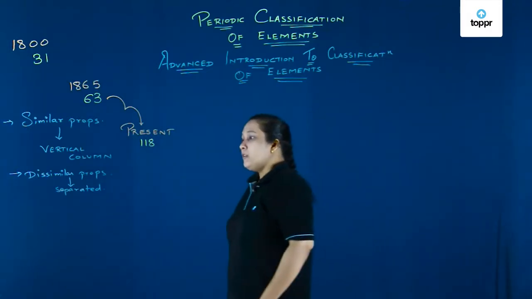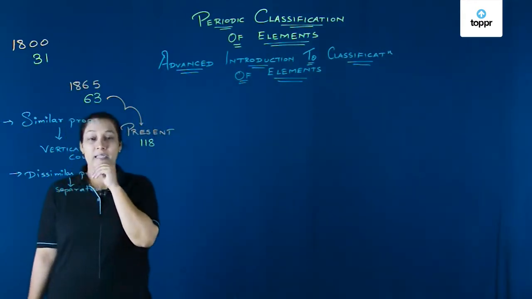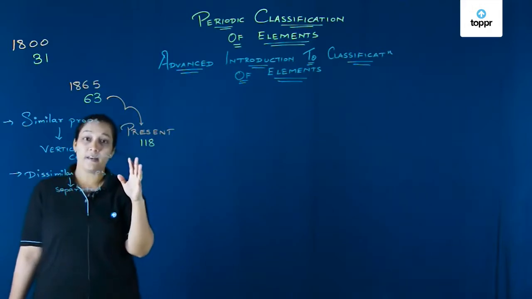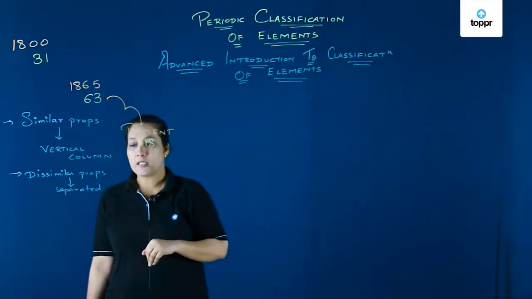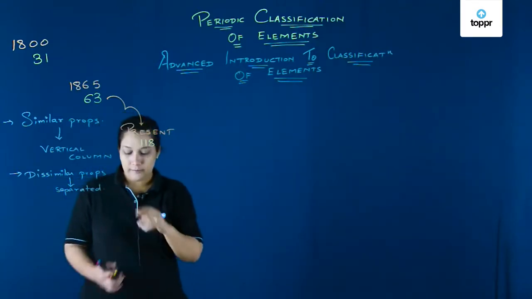After this, as I have said, the year 1800 had found almost 31 elements. There was this one sir, Mr. Johann Döbereiner. Let me write down the name.